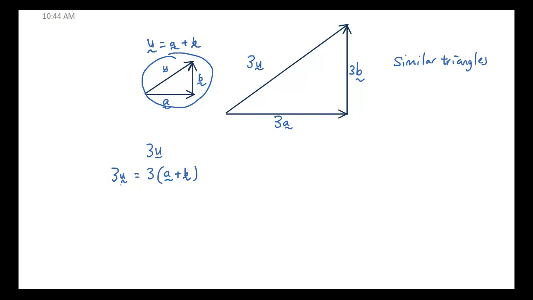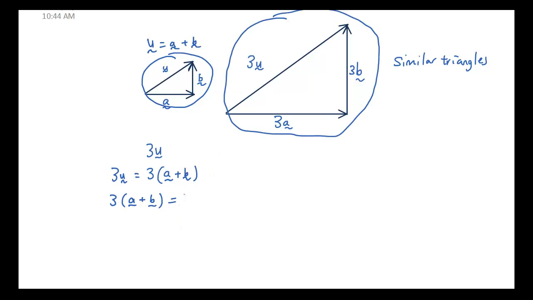Now 3 bracket a plus b, as shown in this diagram, is the same as 3a plus 3b, because 3u is the same as 3(a plus b), so 3(a plus b) is the same as 3a plus 3b.